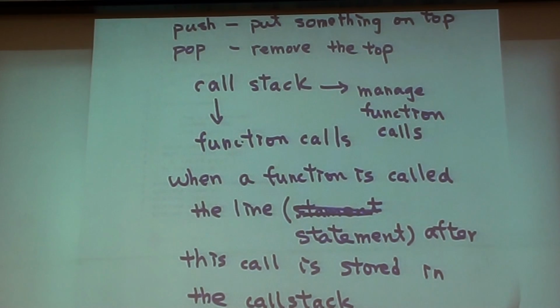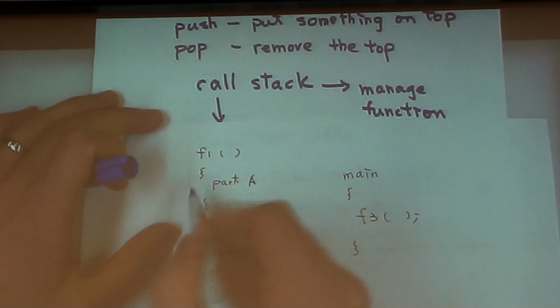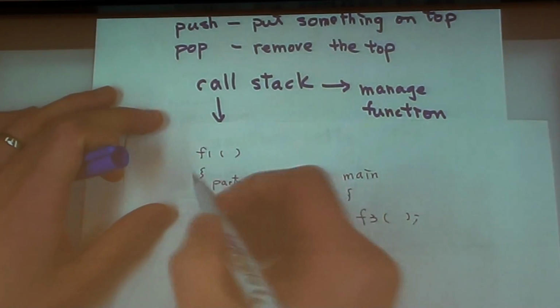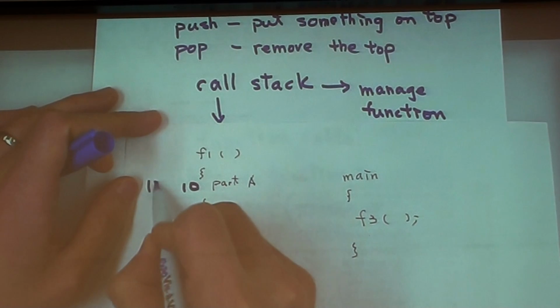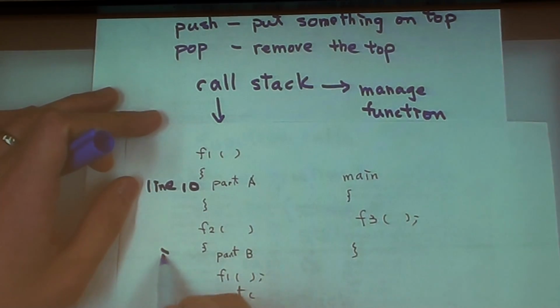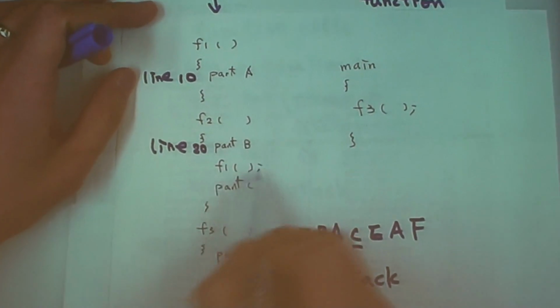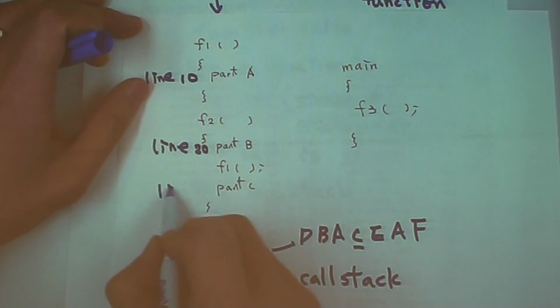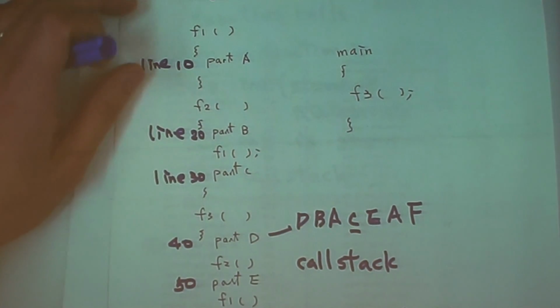So if you come here, and suppose I write down line numbers here, let's say this is line, I'm going to use non-continuous numbers. Suppose this is line 10, this is line 20, and I have some function code there. Let's say this is line 30, 40, 50, 60.